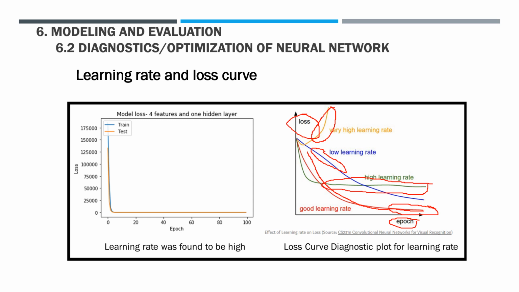So to decide how our model performed, we have plotted the loss against the epoch, and this is the case with the 4 features and 1 hidden layer, and you can see that it resembles more closely the high learning rate.